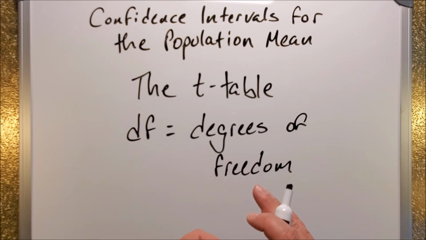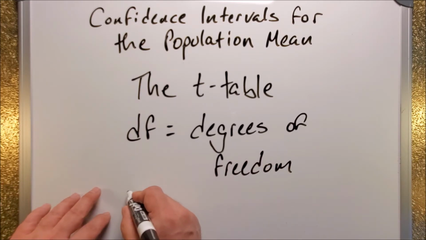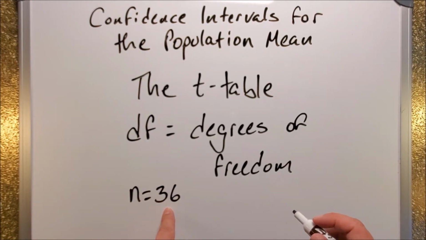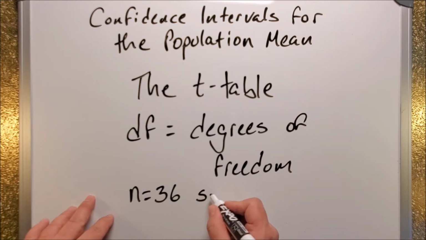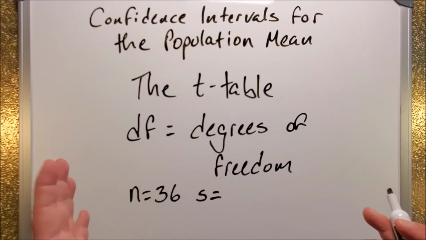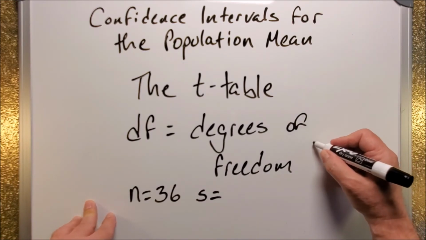Previously, in the last example, I was talking about a sample size of 36. If I did not have the population standard deviation sigma, and instead I had S, the sample standard deviation, I would say to myself, oops, I have one of those circumstances in which I have to utilize the t-table instead of the z-table. So I've got to figure out what my degrees of freedom would be.